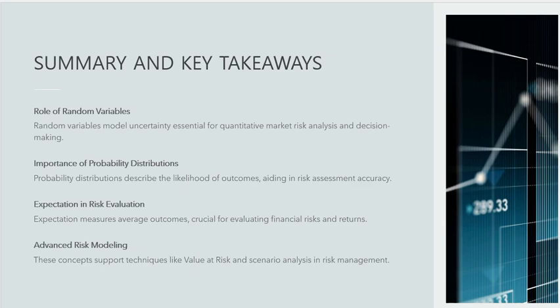So let's conclude and discuss the summary and key takeaways from this video: the role of random variables, the importance of probability distributions, and expectation in risk evaluation and advanced risk modeling. In summary, random variables, probability distributions, and expectation are crucial concepts of quantitative analysis in market risk.